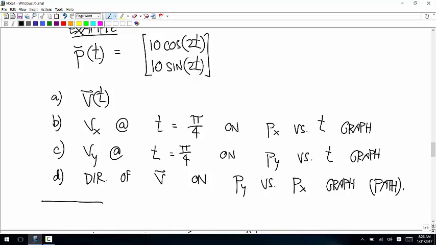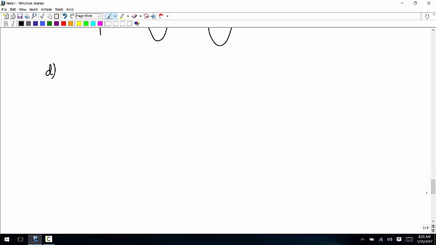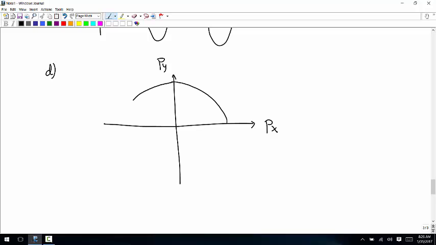So this is just going to be a circular path going counterclockwise with a radius of 10. So this is px, this is py. The path is just going to be a circle, moving counterclockwise.